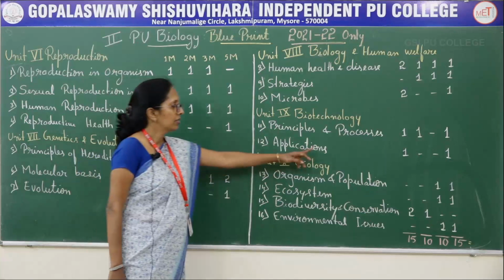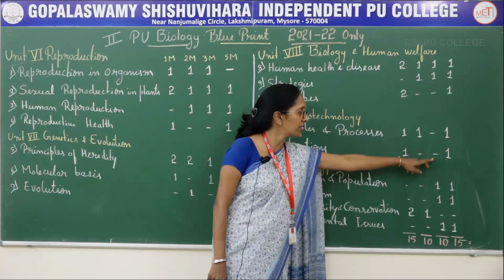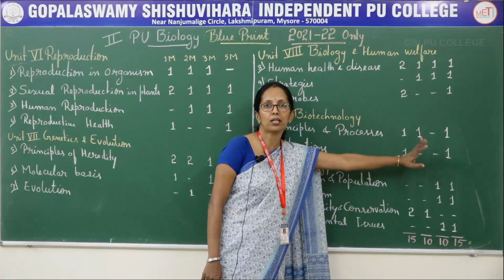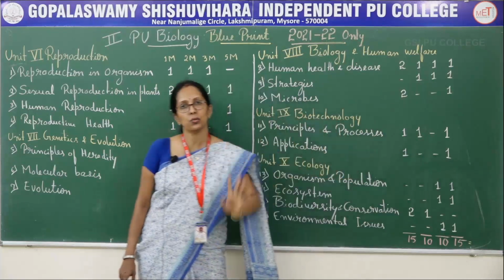Here you will get only 1 mark question 1, there is no 2 mark and 3 mark, only 5 mark question is 1. So, 1 mark question is 1 and 5 mark question is 1.